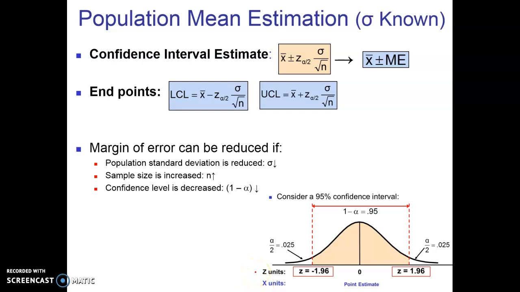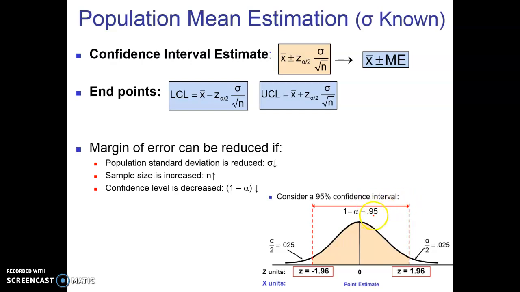Remember, z units are just the number of standard errors that our data will lie from the mean. For example, let's say we want to create a 95% confidence interval.